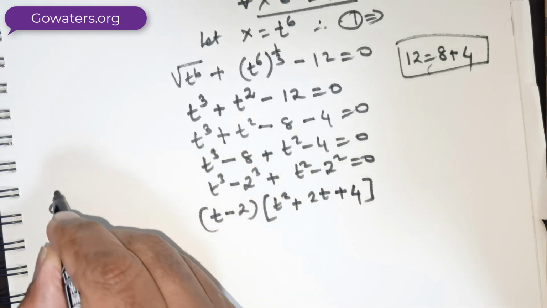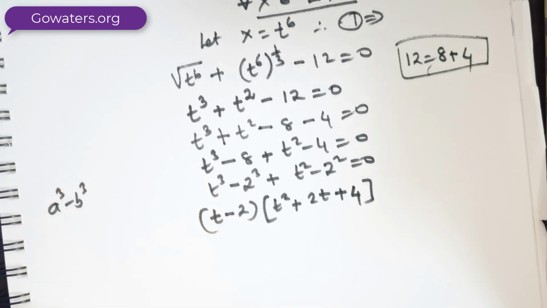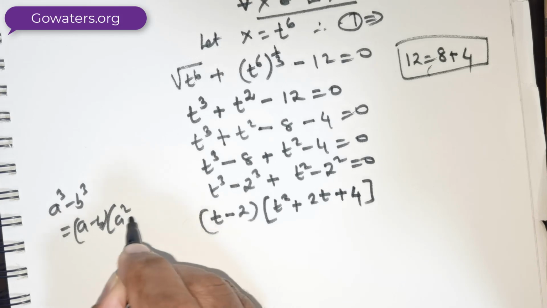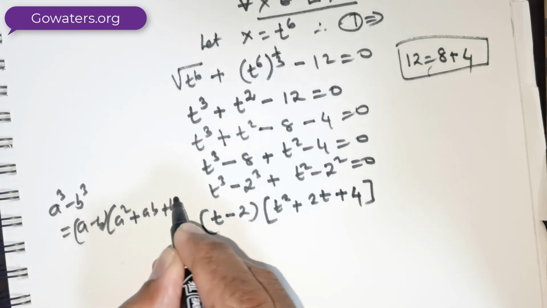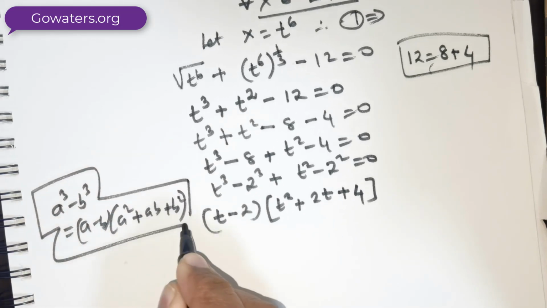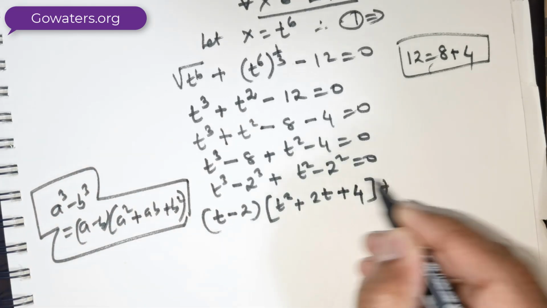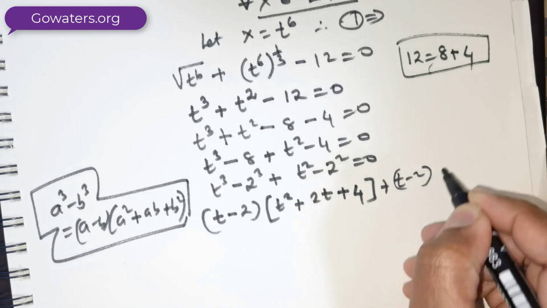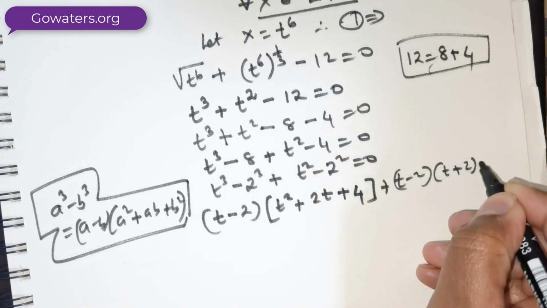Because all I'm doing is using the a cubed minus b cubed formula. So this is nothing but a minus b times a squared plus ab plus b squared. That's a formula I'm using. Followed by t squared minus 2 squared, that's going to be t minus 2 times t plus 2 is equal to 0.